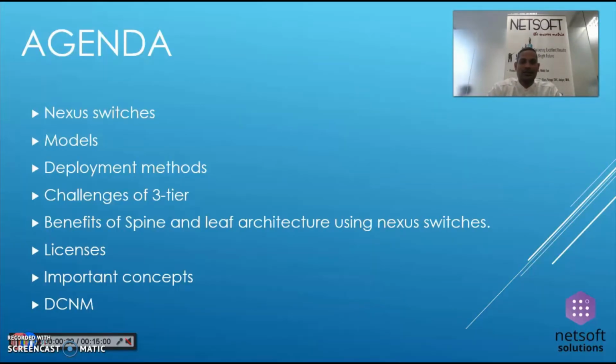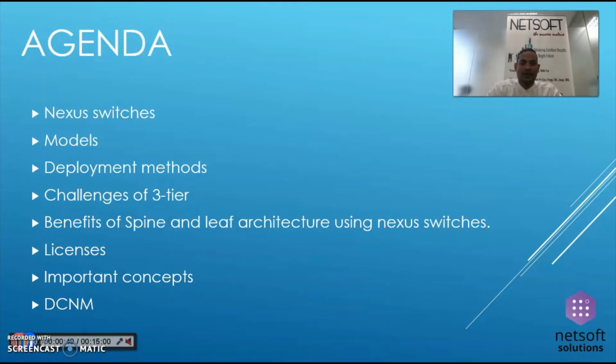In our agenda today we have Nexus switches, different models and deployment methods, what we're going to be deploying these Nexus switches on, and what the challenges of previous technologies such as three tier architecture are, and why we are migrating from three tier to the latest spine and leaf architecture.